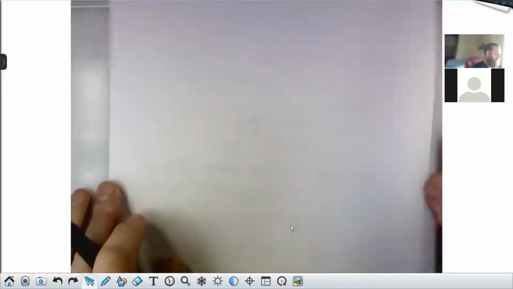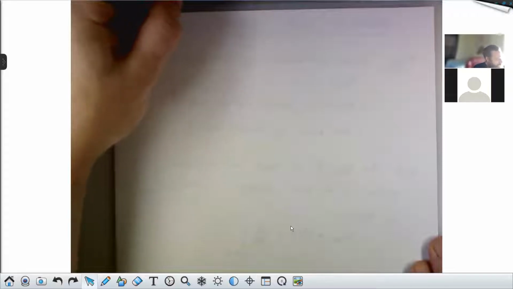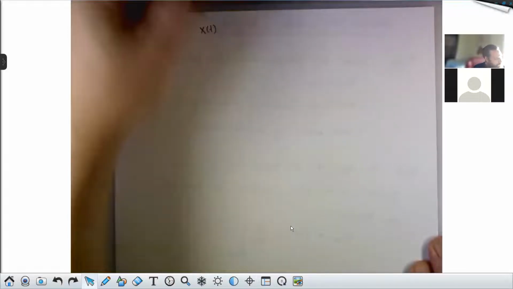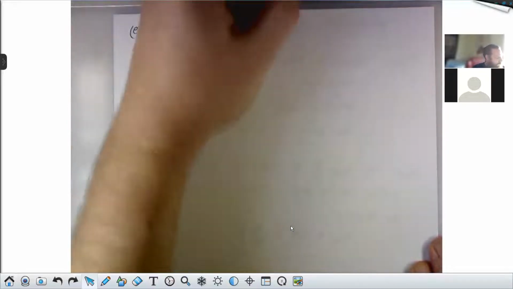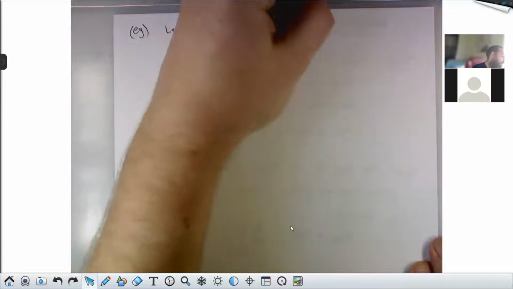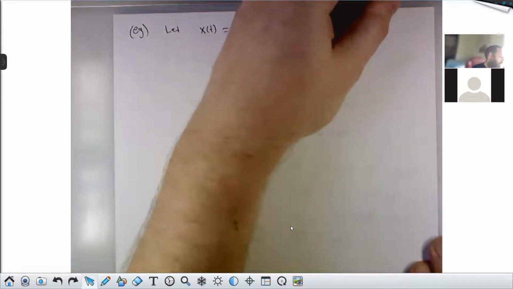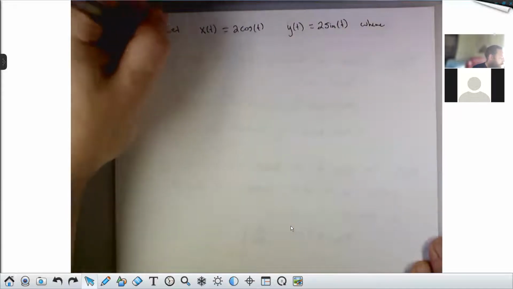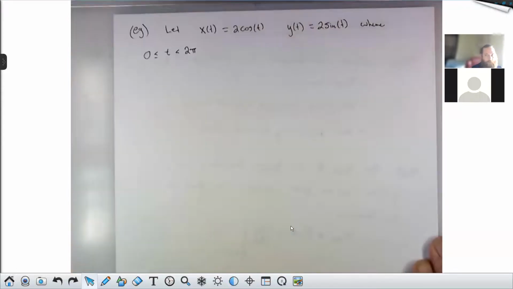Okay. So let x of t be 2 cos t and y of t be 2 sine t, where 0 is less than or equal to t is less than 2 pi, be our parametric curve.